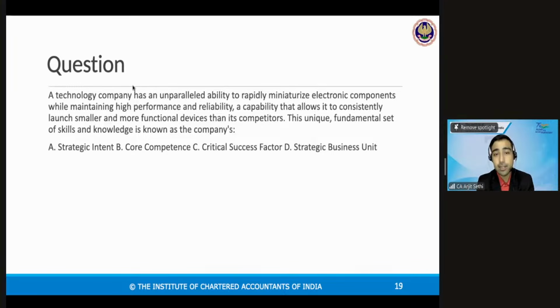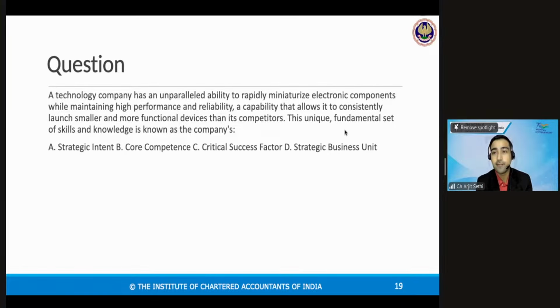A technology company has an unparalleled ability to rapidly miniaturize electronic components while maintaining high performance and reliability, a capability that allows it to consistently launch smaller and more functional devices than its competitors. Okay. This unique fundamental set of skills and knowledge is known as the company's what? Interestingly, the statement is the same from the study material.